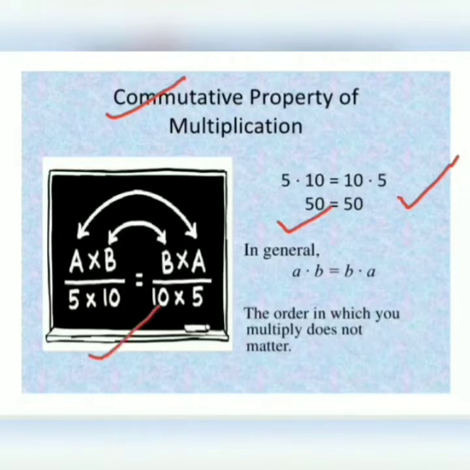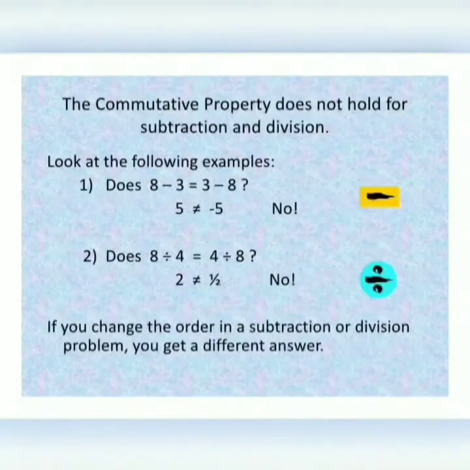So from this example, we get to know that a into b is equal to b into a. So in case of multiplication also, the commutative property holds good. It means the order in which we multiply doesn't matter.